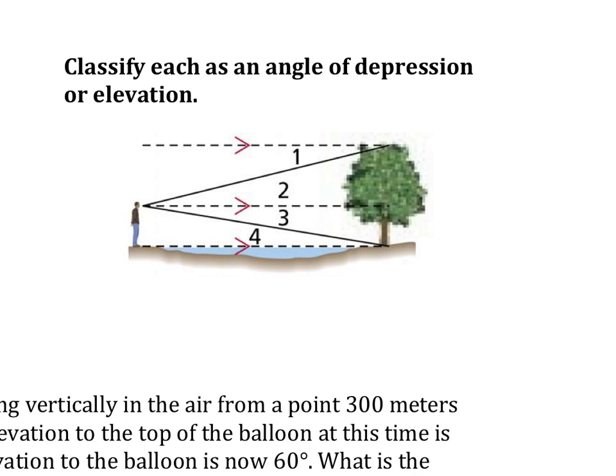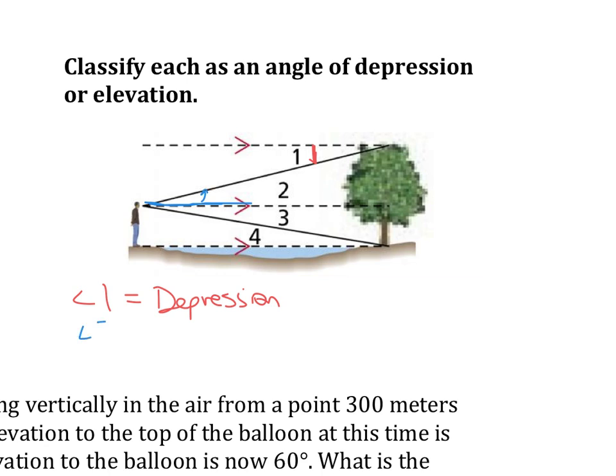So angle 1 is coming down from this horizontal up above. So angle 1 is depression. Angle 2 is coming up from this guy's line of sight right here. So that's coming up this way.